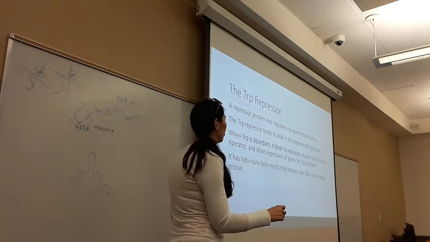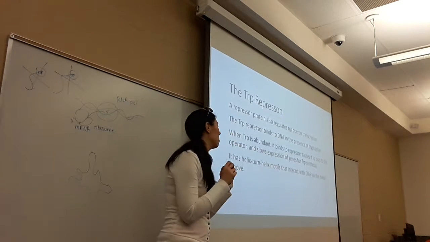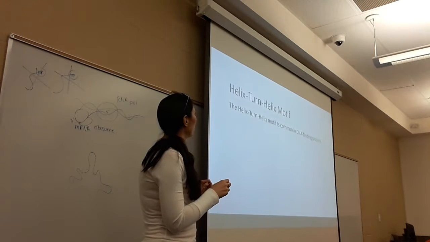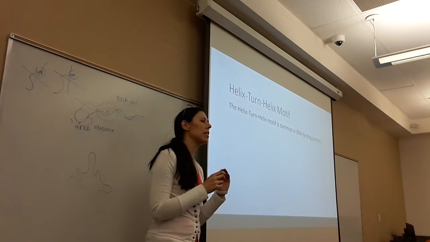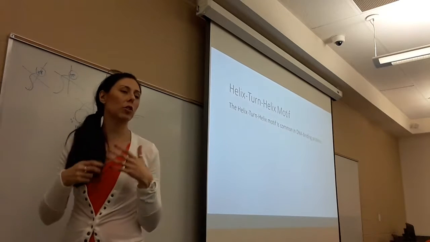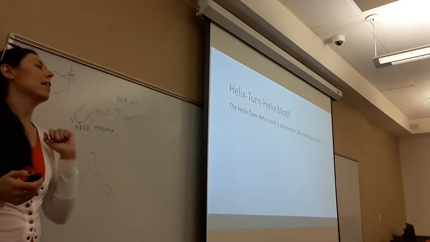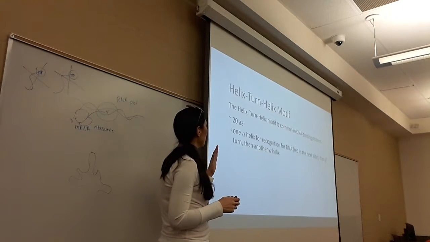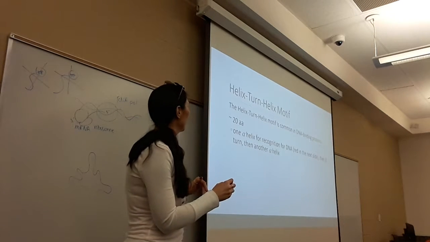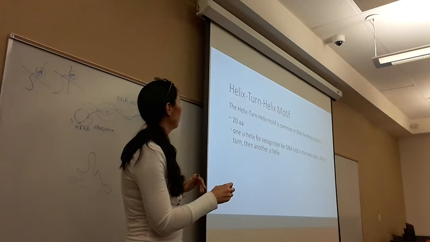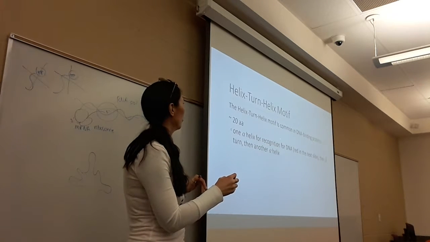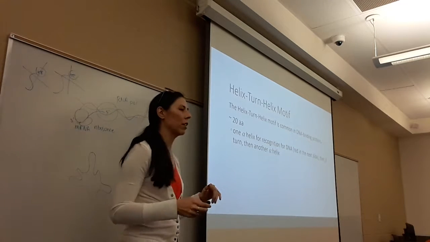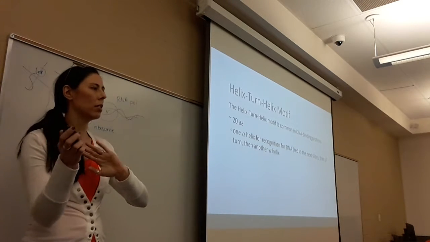It fits perfectly, if you look at the size, into the major groove of the DNA. It's a very common motif, so if we see that motif in proteins, especially new proteins we discover, we say, hey, that's probably a DNA binding protein. It's about 20 amino acids, and it includes an alpha helix, a beta turn, and then another alpha helix. That's why it's called helix-turn-helix.